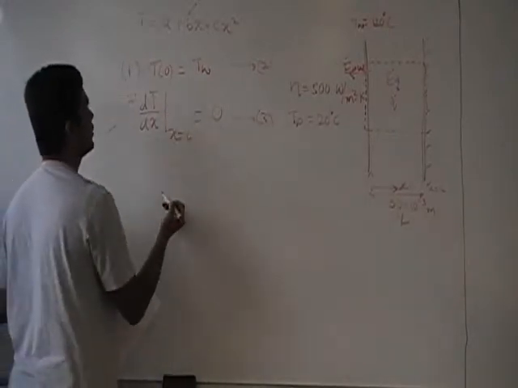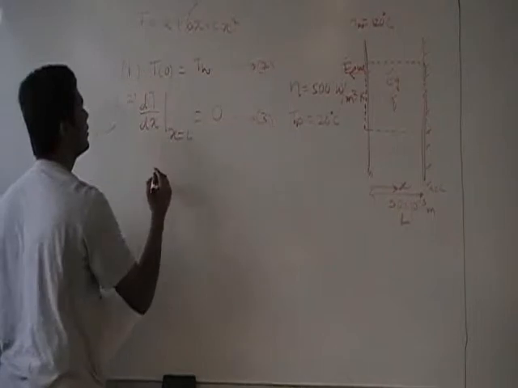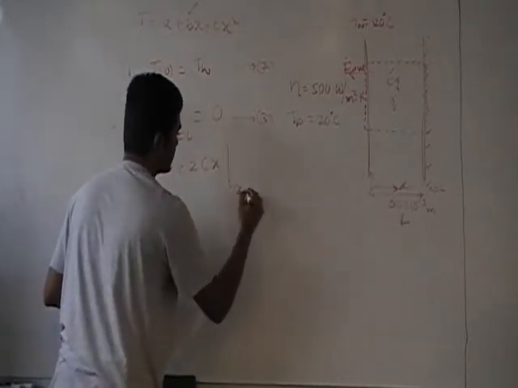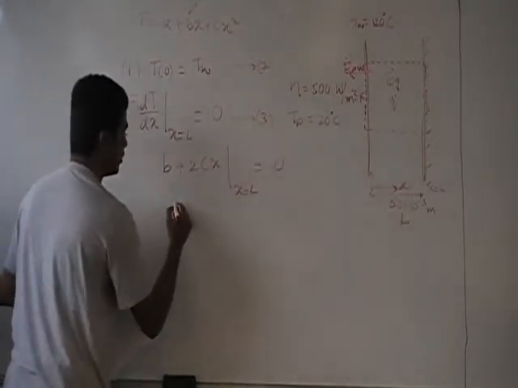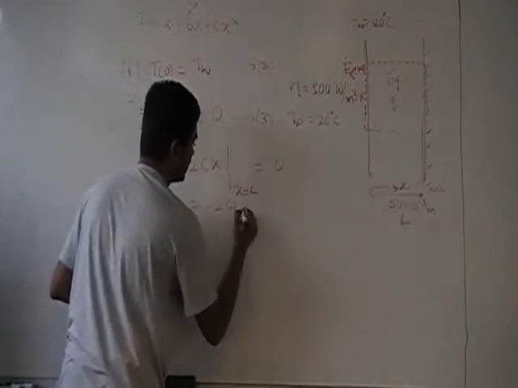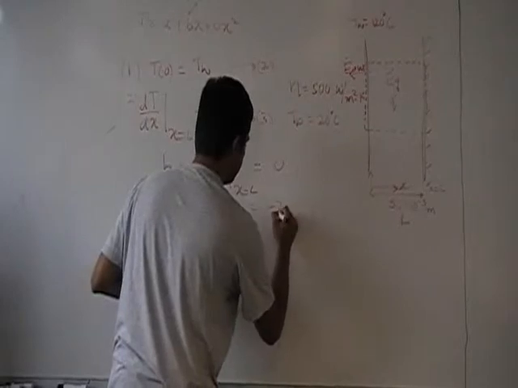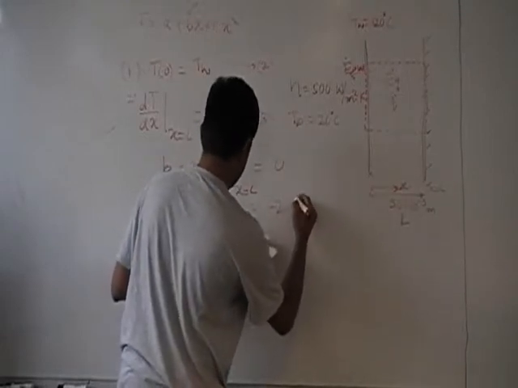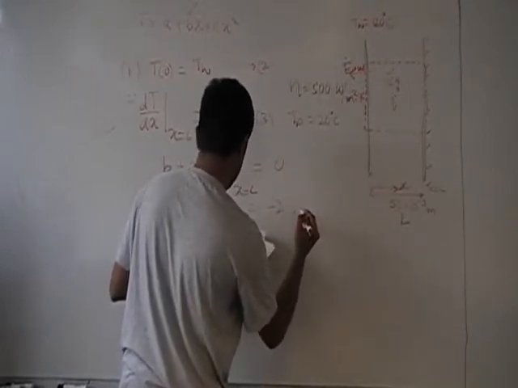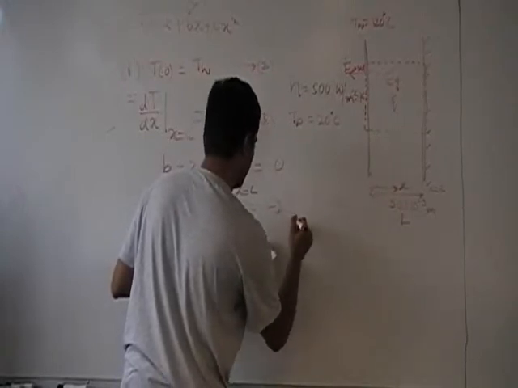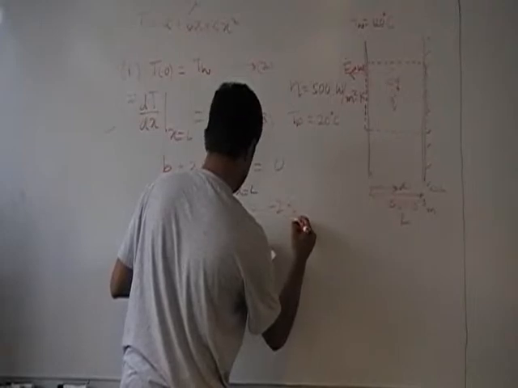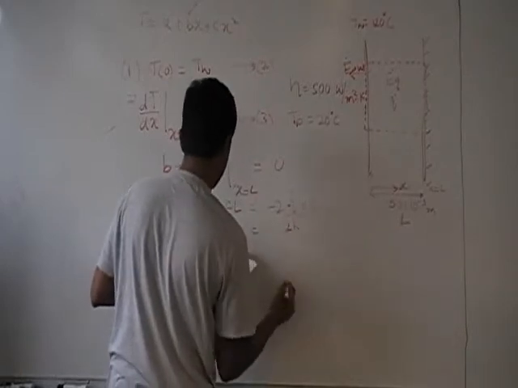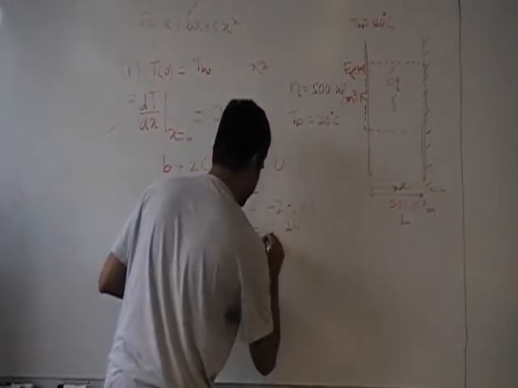So B comes from this equation here. Let's take the first derivative of this equation here, and that should be B plus 2 times C times x, at x is equal to L is 0, or B is negative 2CL, which is negative 2 times negative q dot by 2k times L, which is, I'm sorry, there's a 2 down here, so it's q dot L by k.